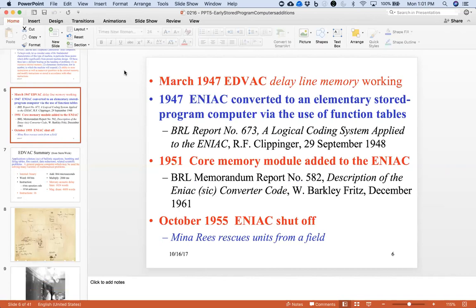By 1955, this computer was shut off, and I don't know the entire story of this actually, but basically, like many things, the actual units that were in production had been dumped off in a field somewhere, and this person actually found them and salvaged them.